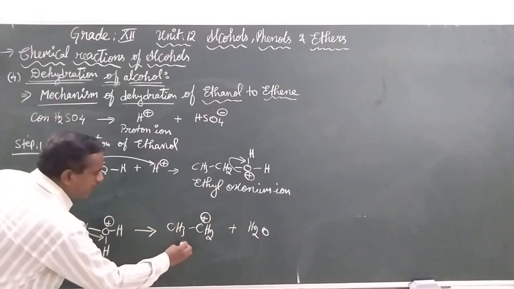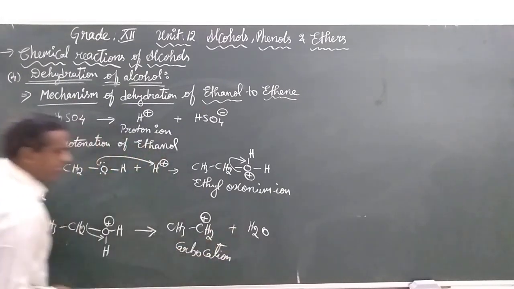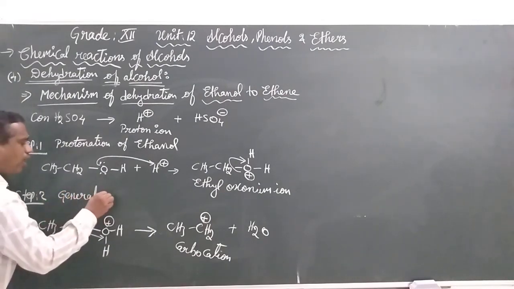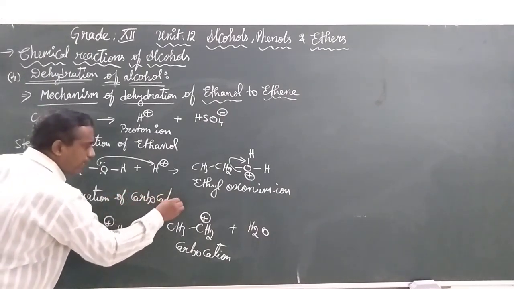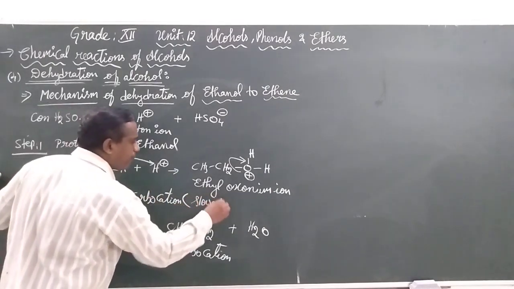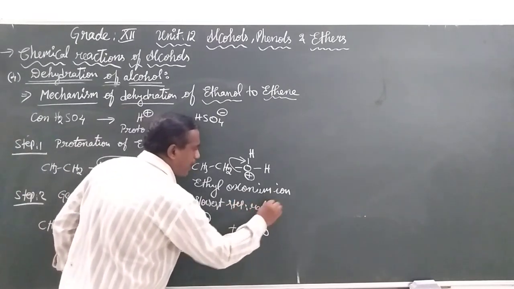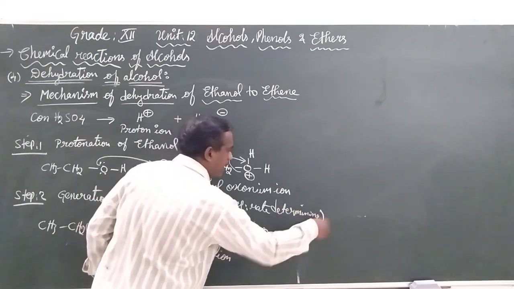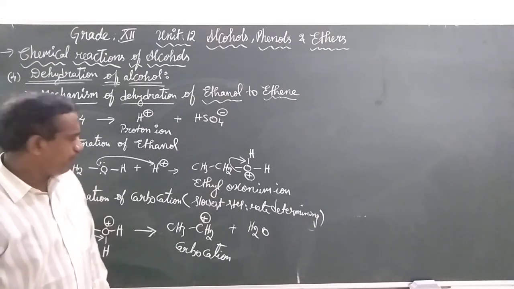A carbocation is generated. So step 2 is called generation of carbocation. This is the slowest step, hence it is the rate determining step. By this we can determine the rate of the reaction.